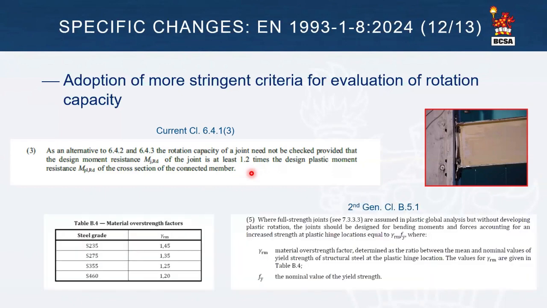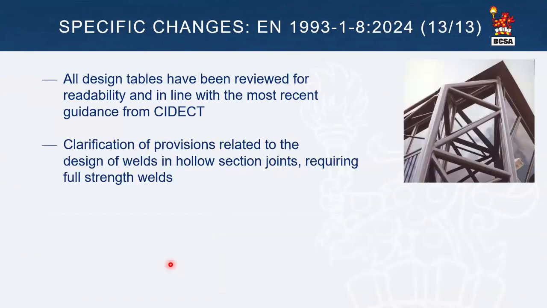So the corresponding paragraph in the second generation makes this overstrength dependent on the steel grade. You can see this here in table B4. So for the common use grade, the S355, we are now looking at an increase of 25%, so just a bit of a higher requirement.